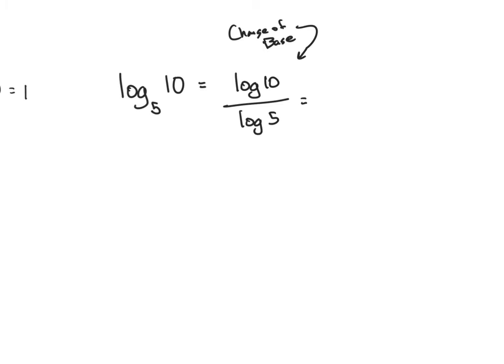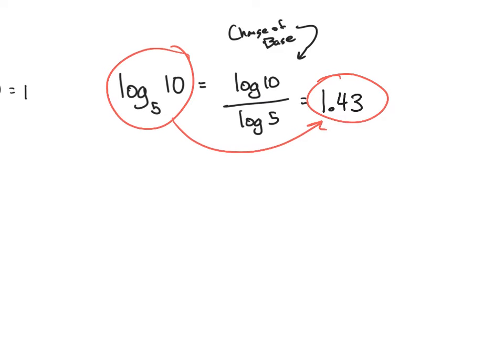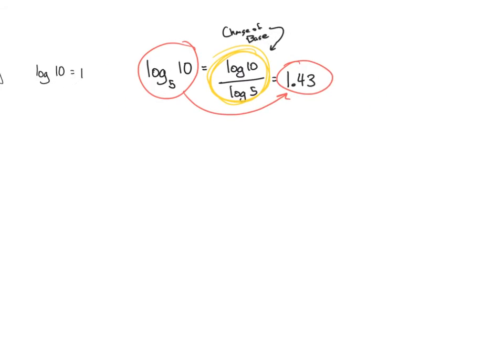Now, literally in your calculator, put log 10 divided by log 5 and go. You should have got 1.43. So log base 5 of 10 is equal to 1.43 via the change of base formula.